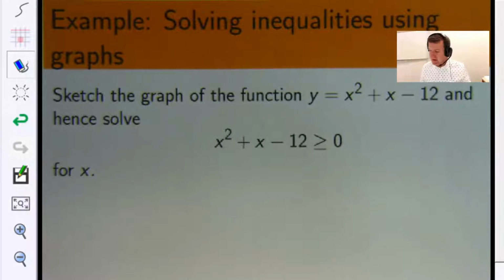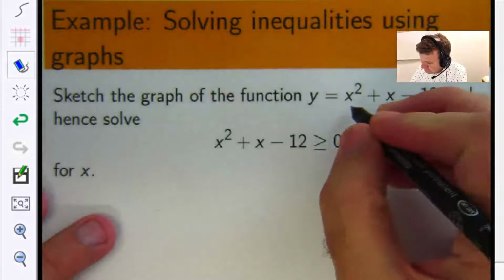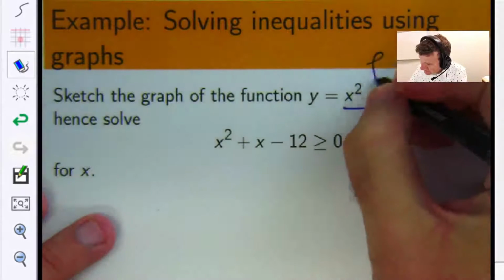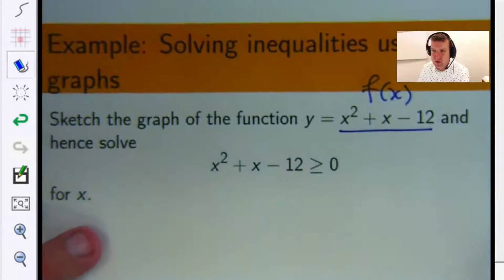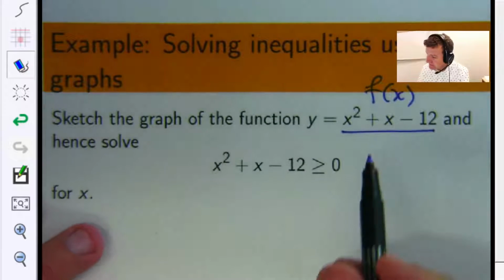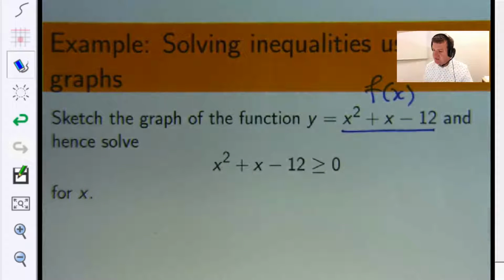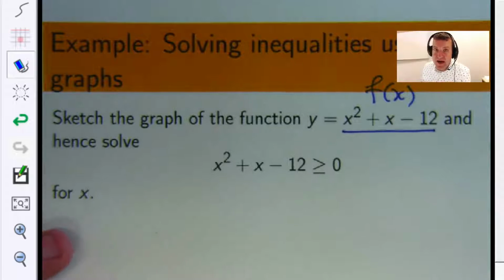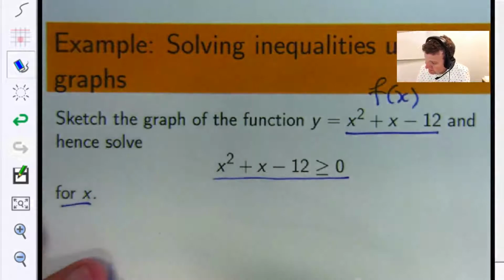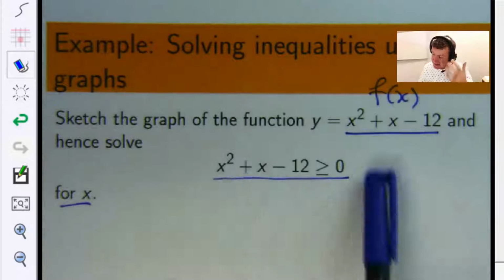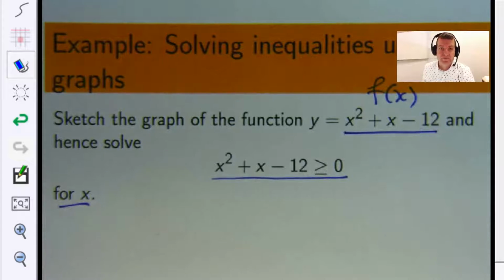The first part is to sketch the graph of this function. Okay, so you've got a quadratic function, x squared plus x minus 12. And the second part says solve this inequality for x. So find the x values that make this inequality hold.